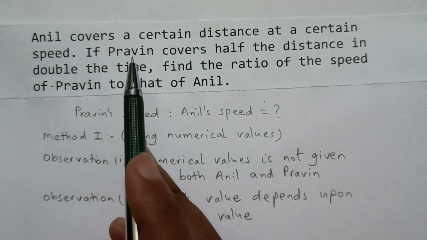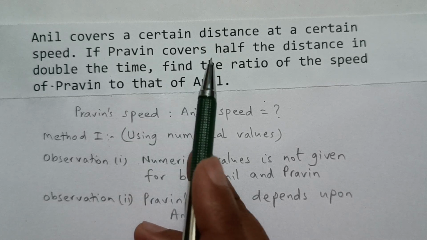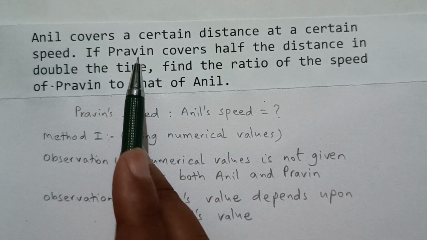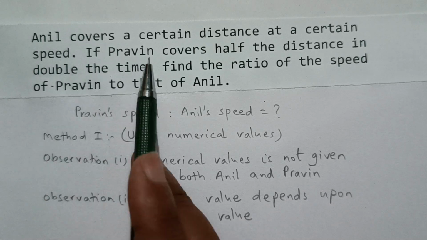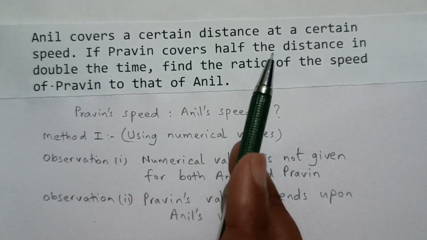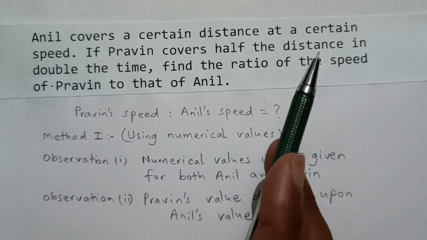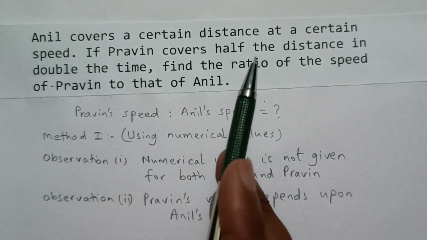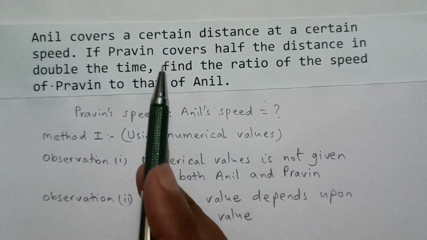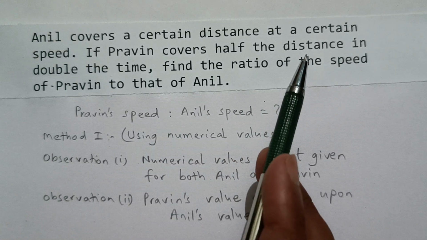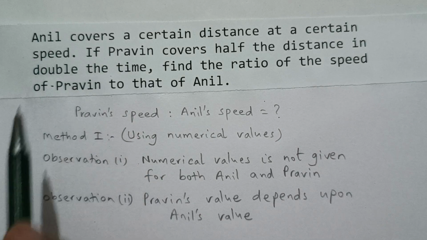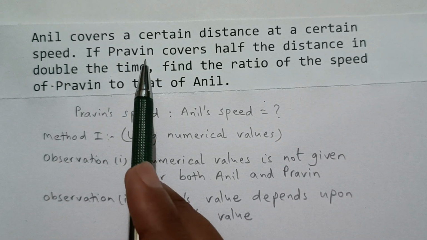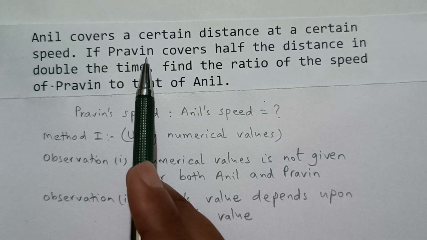In statement number 2, we can see that if Praveen covers half the distance in double the time, we are comparing Praveen with Anil. So Praveen covers half the distance. So whatever distance is covered by Anil, Praveen will cover half of that distance. So Praveen's distance depends upon Anil's distance. So if we know Anil's distance, we can calculate the distance travelled by Praveen.